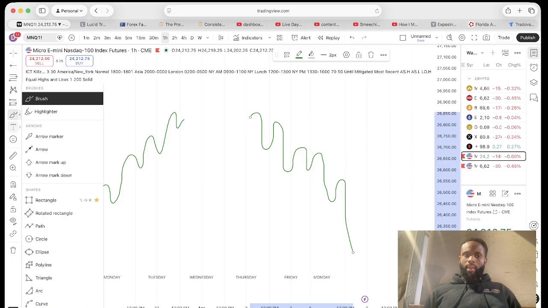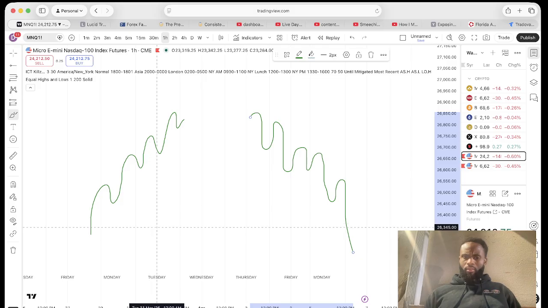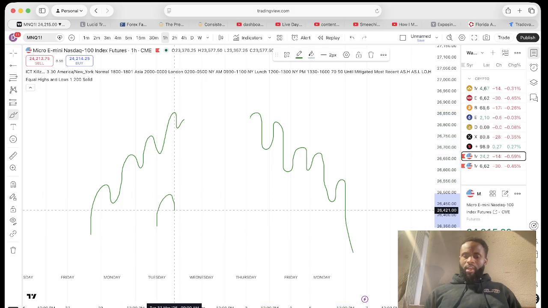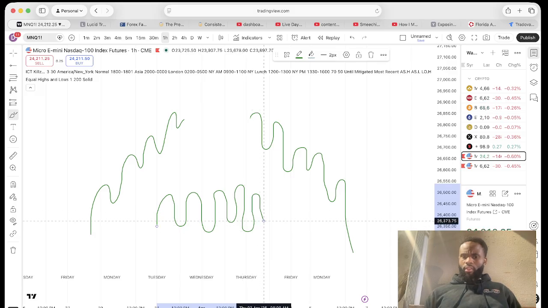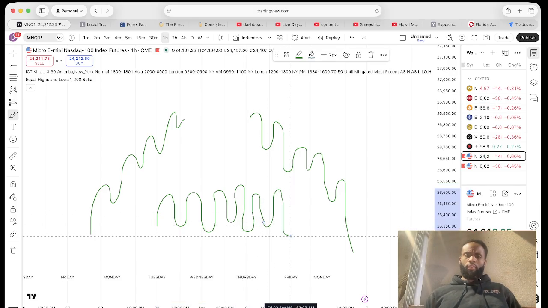Or the third way is the market likes to consolidate, or it likes to go sideways, like this. This is 3 different ways that the market likes to move: up, down, or sideways.